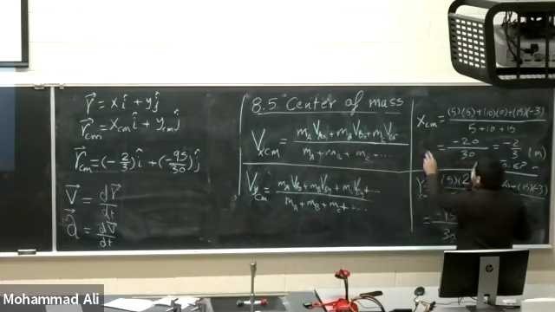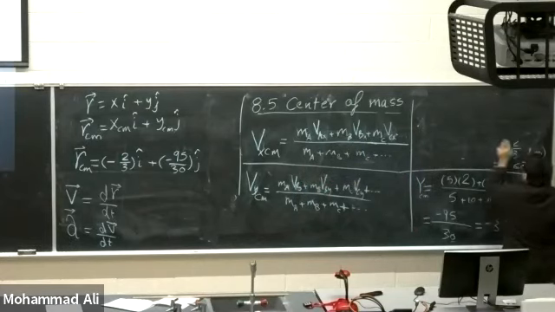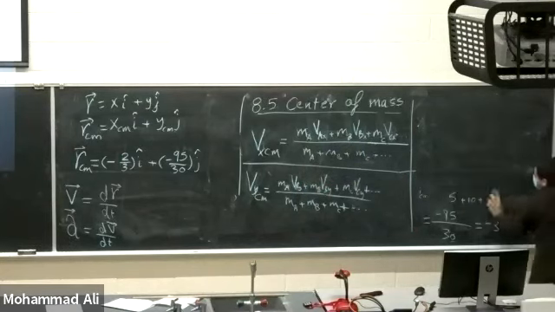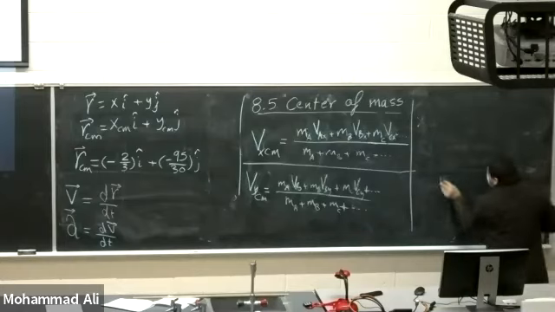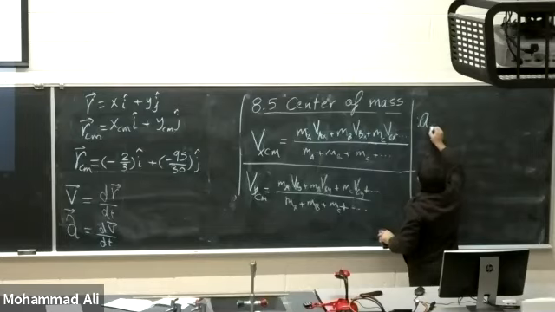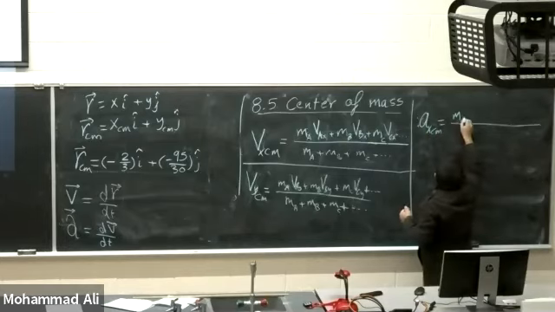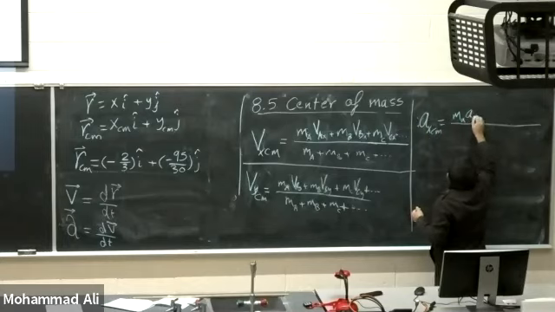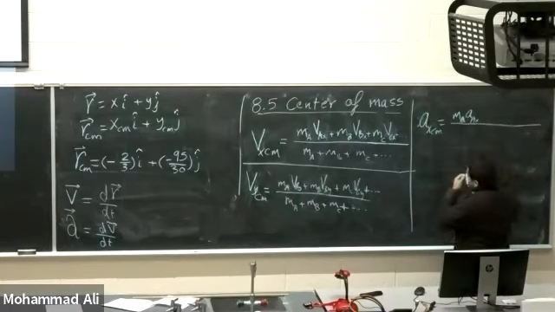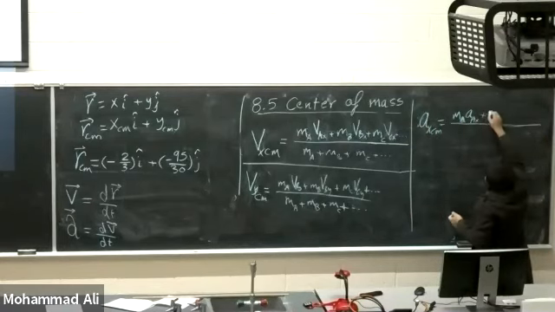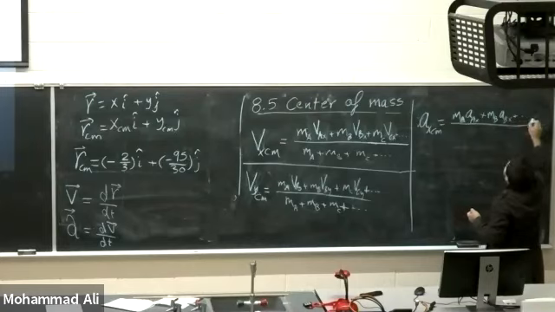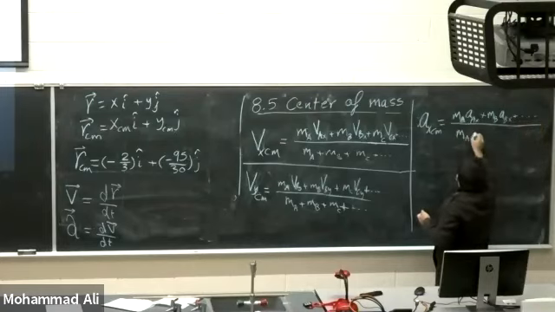What about the acceleration? It is also the same. For example, the acceleration in x direction for the center of mass is equal to the mass A multiplied by its acceleration in x direction, plus the mass B multiplied by its acceleration in x direction, plus and so on, over the masses.